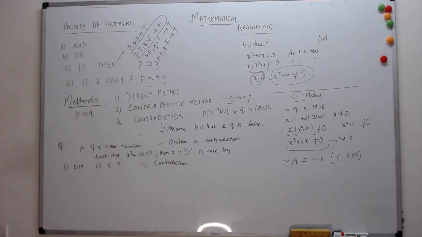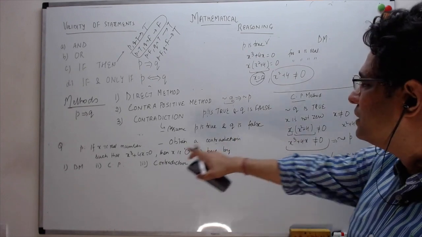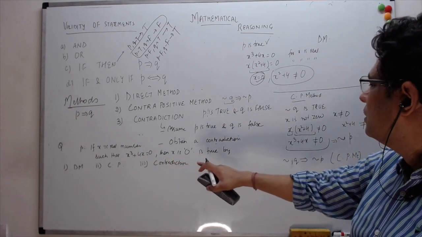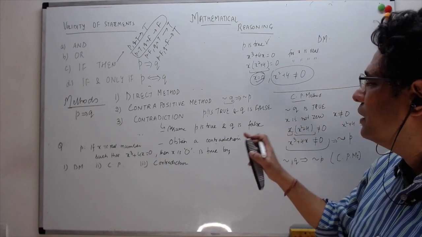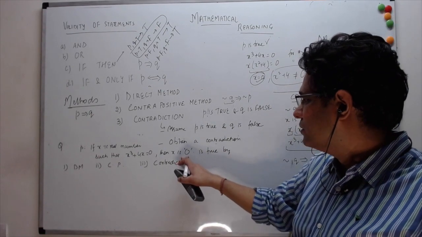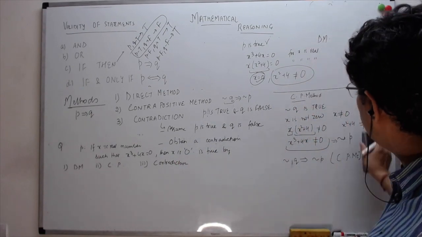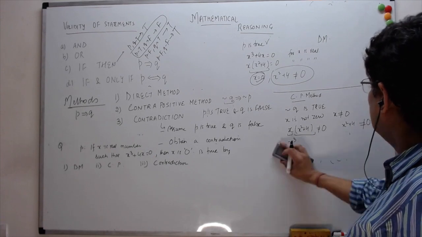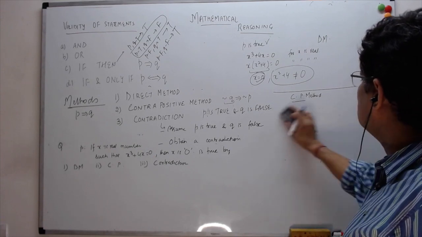So what we are assuming is something. We'll assume that this is true, and x is not 0, and then we'll assume okay. So I think it makes sense. So it is pretty clear in this case also.